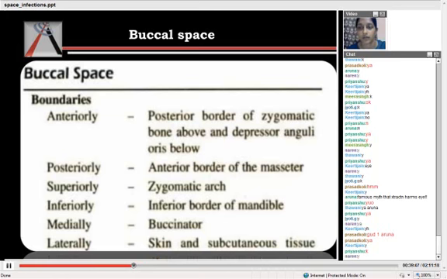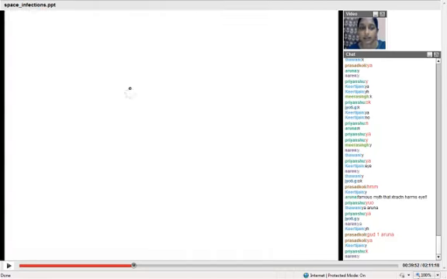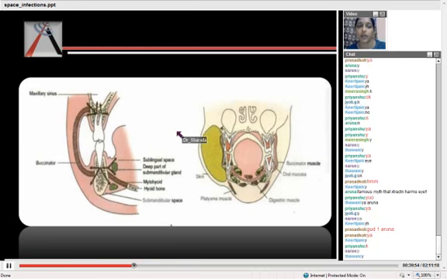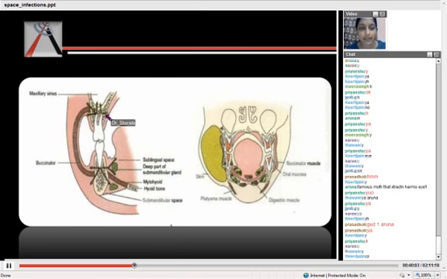Okay. Now we go to the buccal space. Right? Yeah, here you go. This is the buccal space we are talking about. So now you know this is the maxilla, right? This is the mandible. Now the buccal space is one where you can have infection from both the maxilla as well as the mandible.